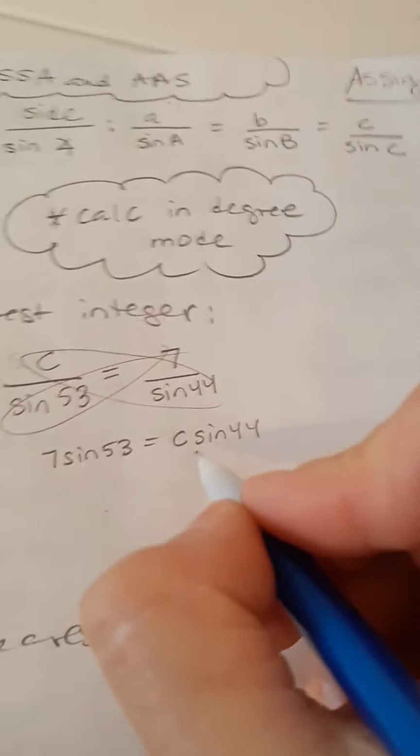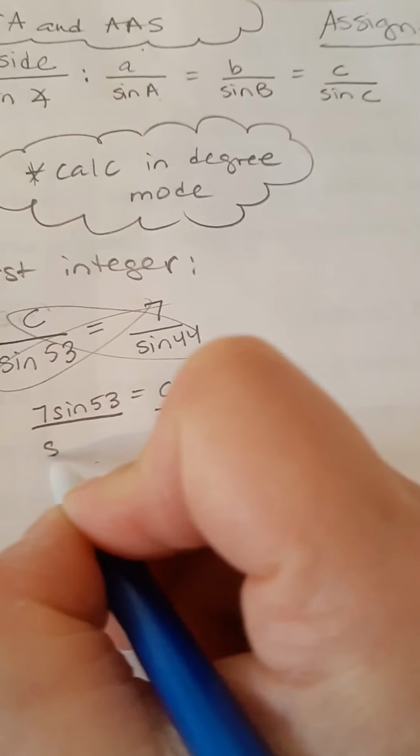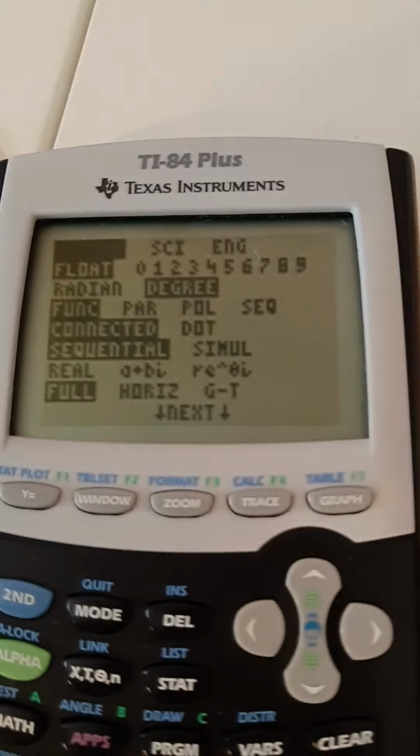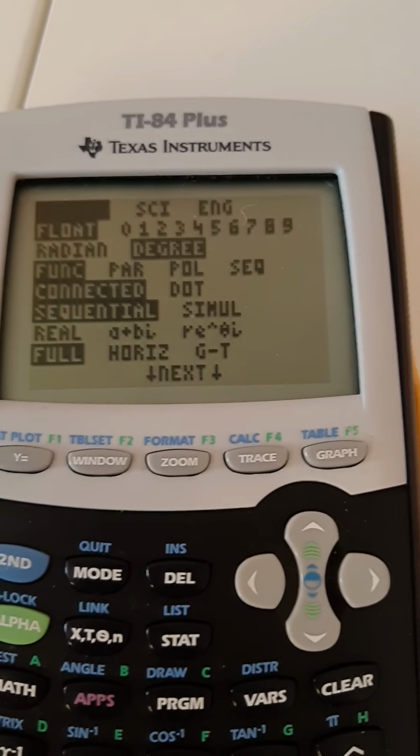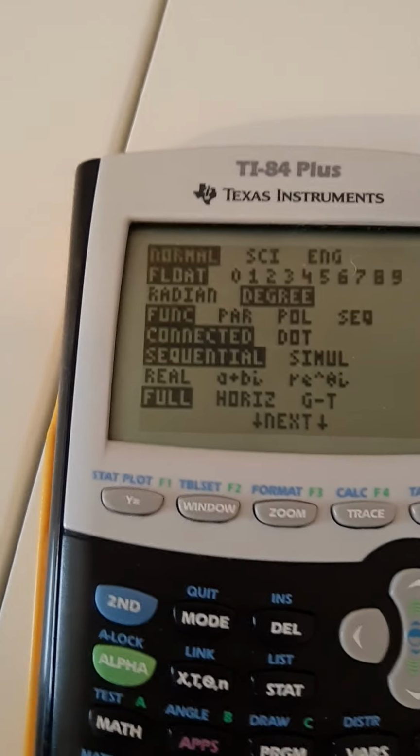You want to solve for side c, so you divide both sides by the sine of 44. First, hit mode in your calculator and make sure that it's still in degrees. You shouldn't have changed it, but I'm a worrywart. Just make sure it's in degrees.